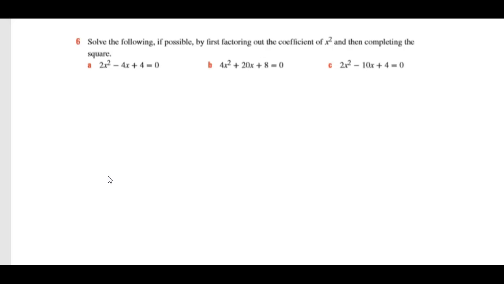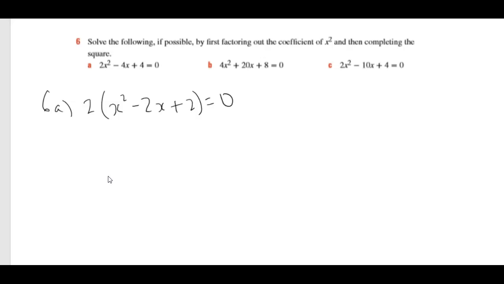All right, I put in example 6 just in case you thought it was more complicated than what it is, but it isn't. As the question says, you just need to take out the coefficient. So here we're going to take out the number 2. So we're left with x squared minus 2x plus 2 equals 0.